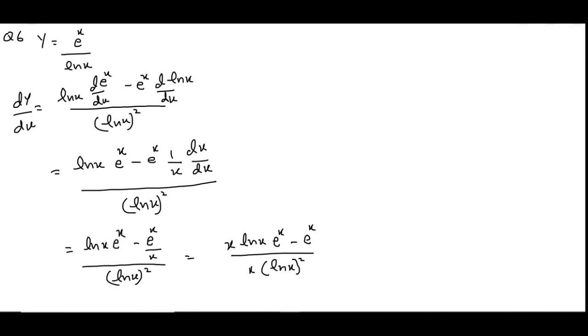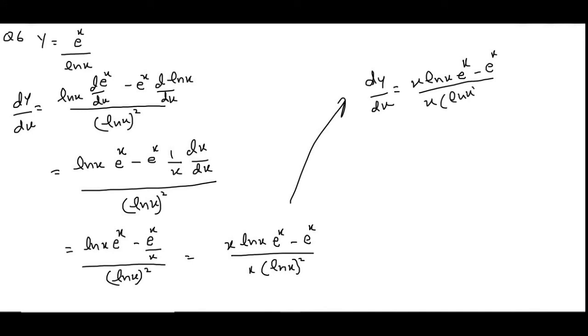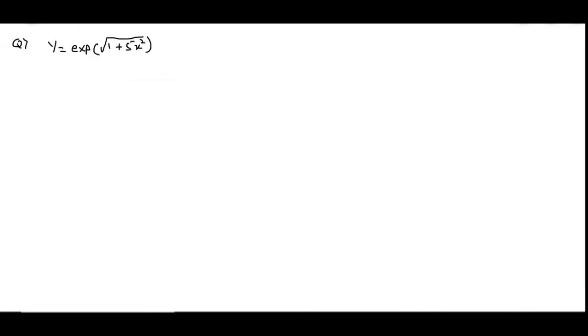So our dy by dx for this function is x ln x e raised to power x minus e raised to power x, whole divided by x and ln x whole square. This is our answer.